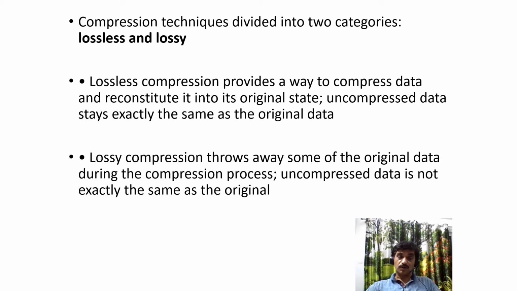When you compress 100 MB of data, you get a file of 90 MB or 80 MB. But when you unzip it, you get actually 100 MB of data only. So compression doesn't alter the original status of the file. That is why it is called lossless.